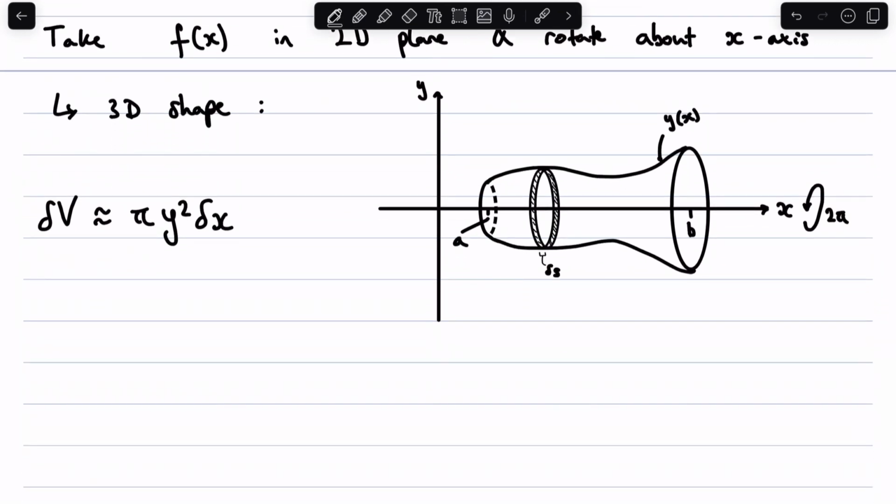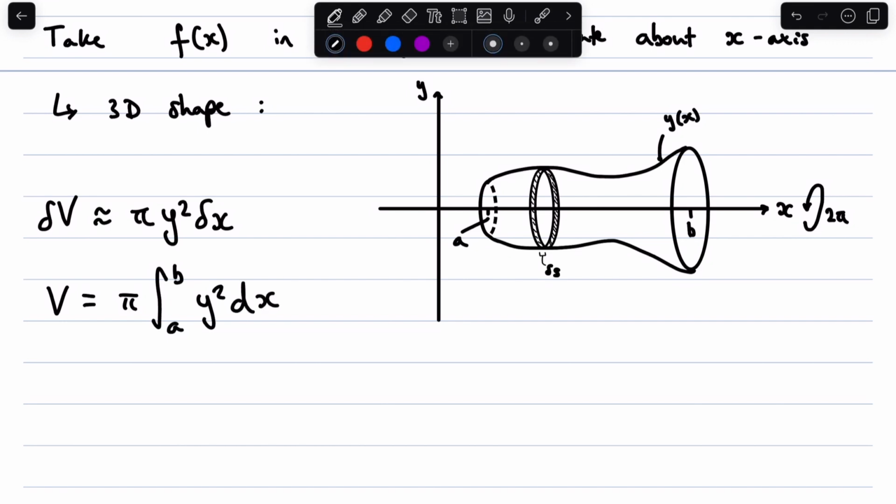You can imagine sort of a cylinder here, and therefore, when we sum up all these small disks, we would get our total volume is equal to pi, we'll take the pi out as it's a constant, times the integral, the limits are from a to b of our function f of x, times y squared dx. It's quite a simple formula for the volume of revolution.